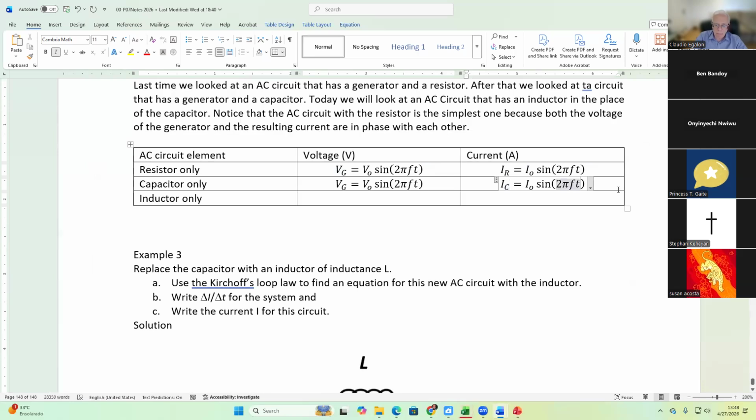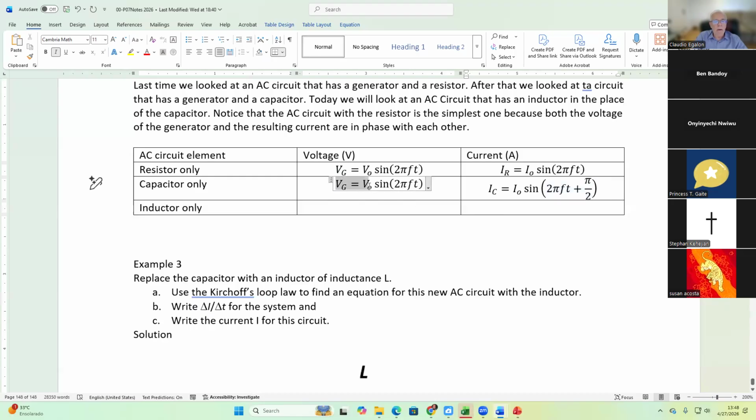And then we have that the current leads the voltage by 90 degrees.